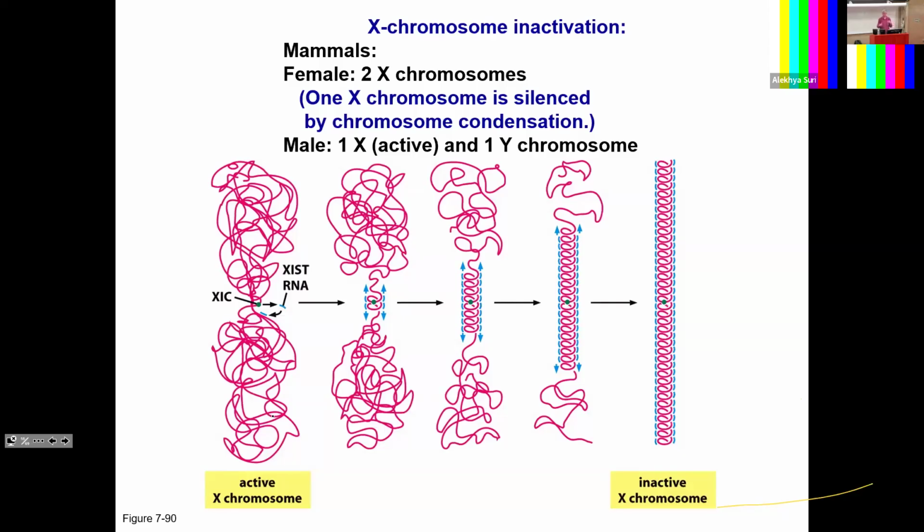So in general, it would be an inactive X chromosome, and there's an entire process making an active chromosome into an inactive chromosome, so making it really compact. Okay, this is called X chromosome inactivation.